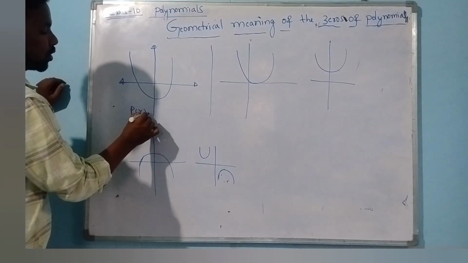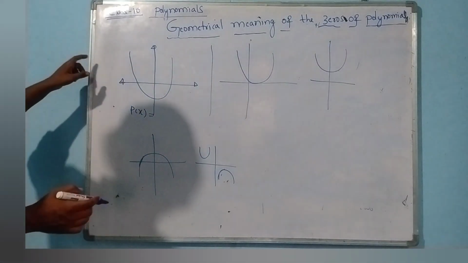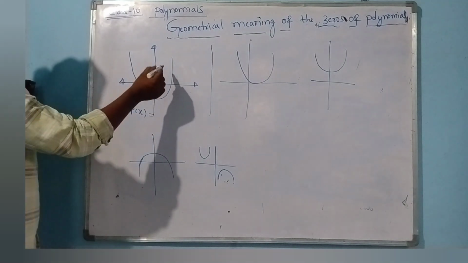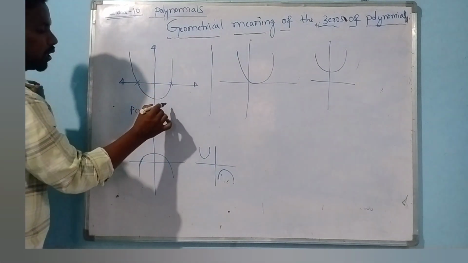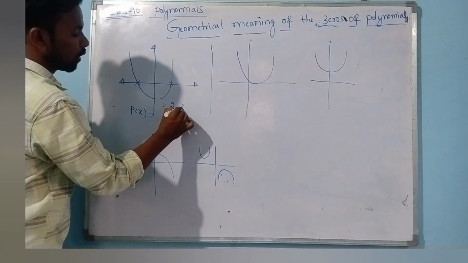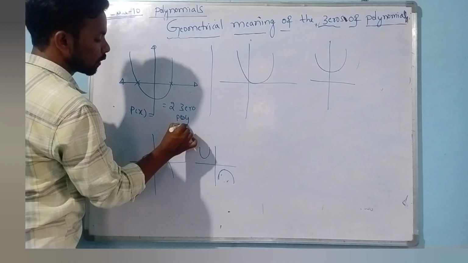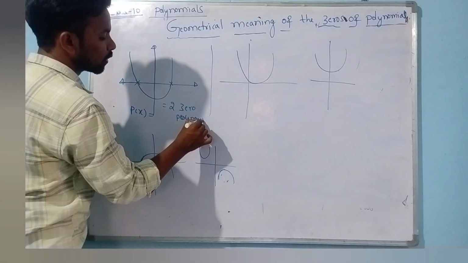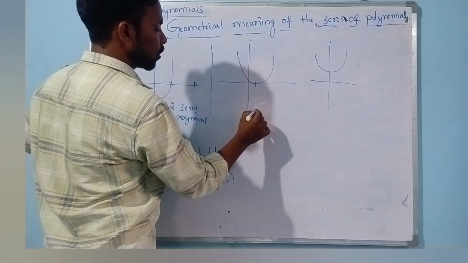p of x, how many zero polynomial here? If they ask how many zeros, this line, how many times it cuts the x-axis, so it is 2 zeros. Here 1 time.